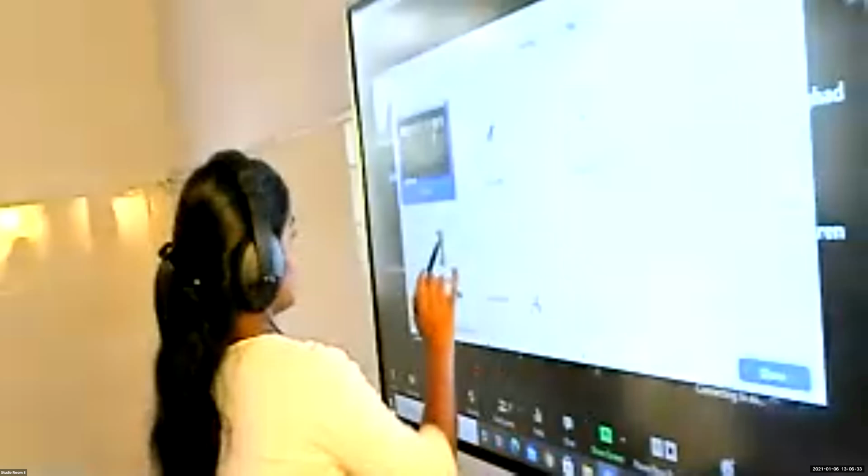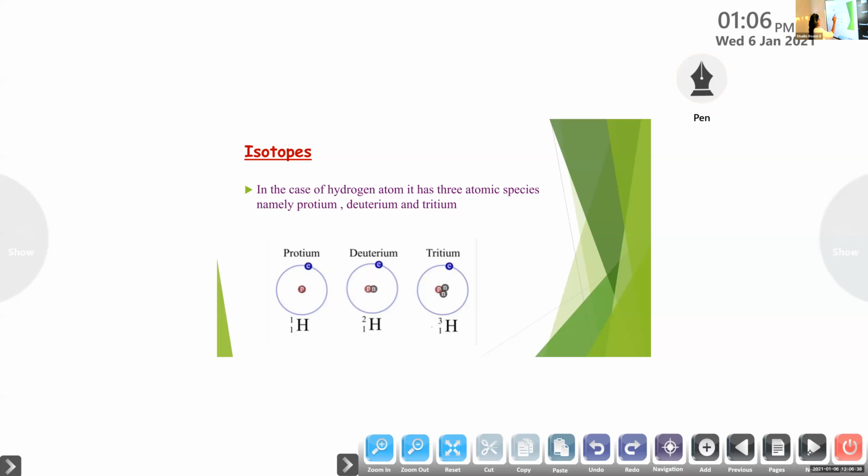No, ma'am. So it's a new term for you. In the case of the hydrogen atom, it has 3 atomic species or 3 varieties. They are protium, deuterium and tritium. 3 atomic species of hydrogen.